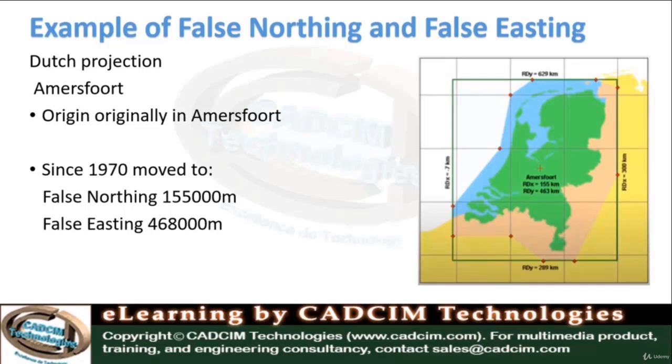So instead of completely redefining the origin, they moved the origin artificially by introducing false northing and false easting. Since the 1970s, the origin has been moved with a false northing of 155 kilometers and a false easting of 463 kilometers. And since then, all the territory of the Netherlands is in positive values.